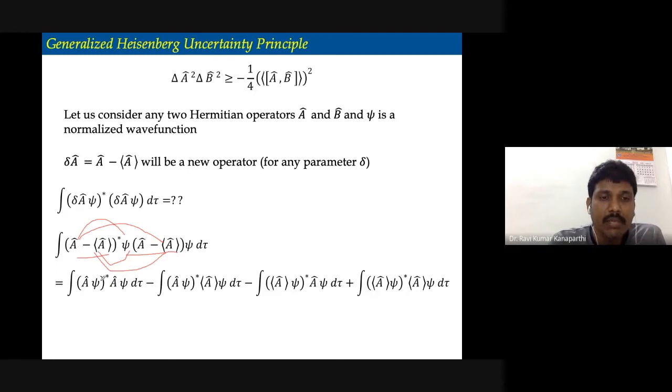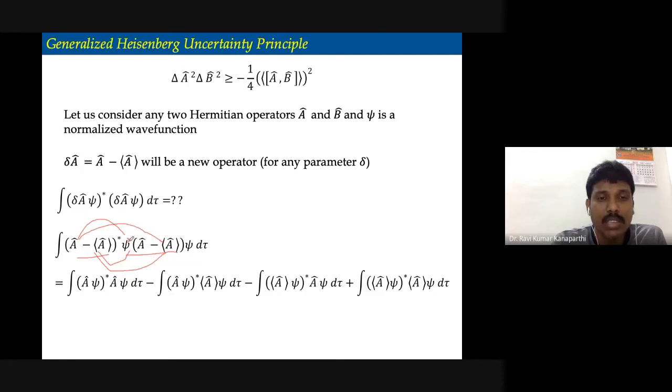Now the integral of the complex conjugate of A psi, multiplied by A psi. Please remember that here there is an operator A, and then outside you have a psi. Please correct this, here there should be operator notation.